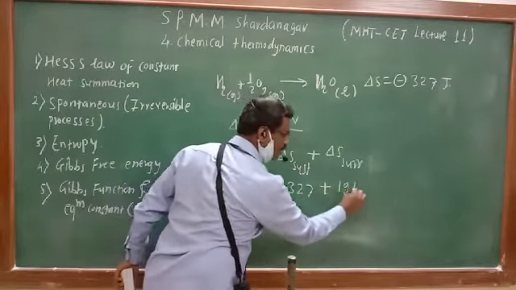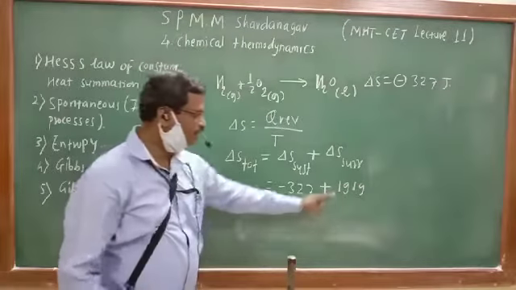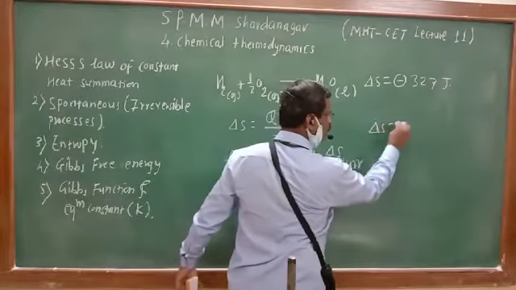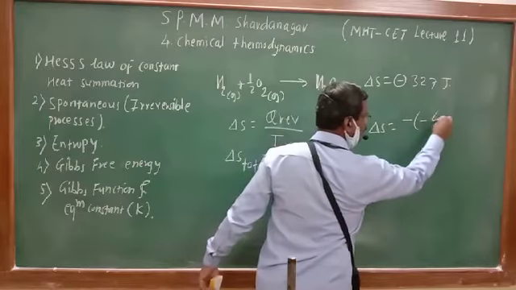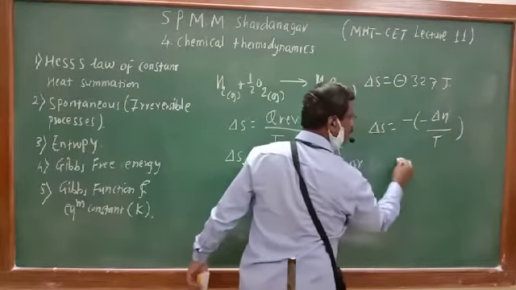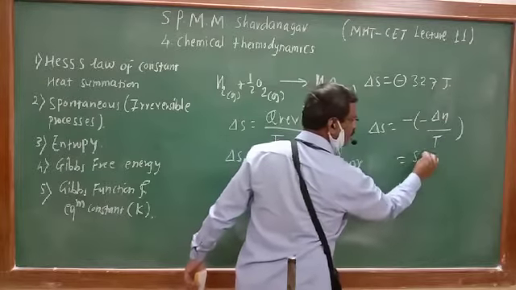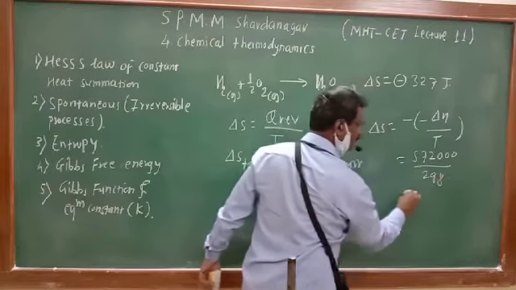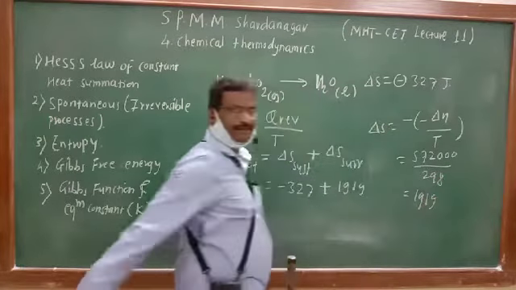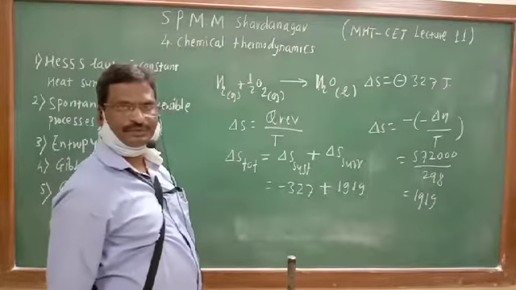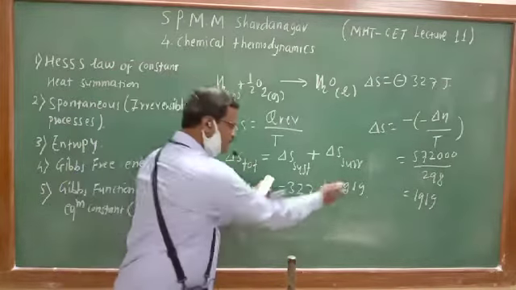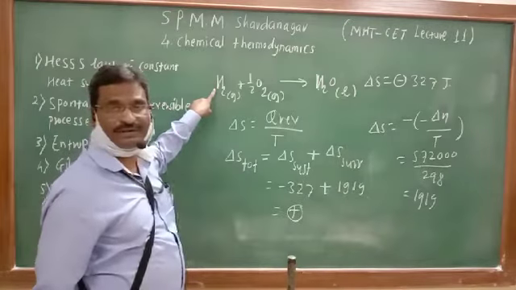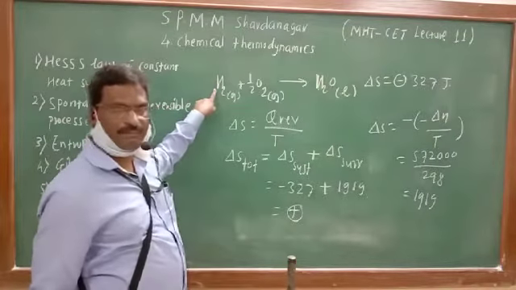This is plus 1919. How this factor comes, we have studied in detail. That is, delta S will be equal to minus into again minus delta H upon T, which becomes plus delta H. For this reaction it is 572,000 divided by temperature 298, and that comes equal to 1919. That we have studied in detail in the regular syllabus. So this summation comes to be positive. Therefore, this reaction is spontaneous according to the second law of thermodynamics.